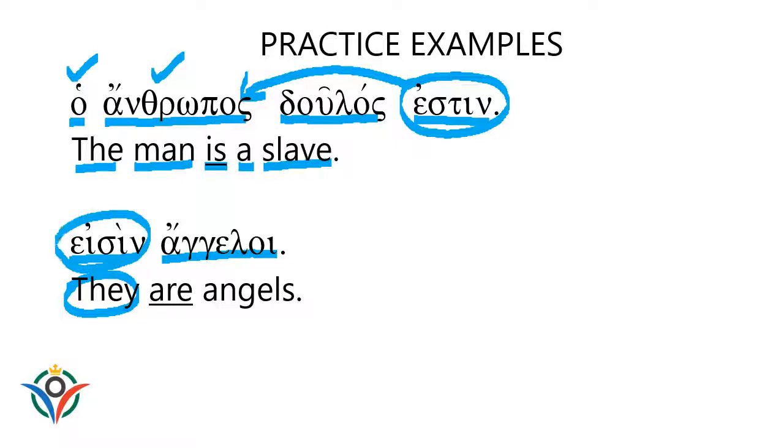And because we know that this is a third person plural, and third person plural is they, they becomes the subject. So it's they are angels. Okay, so that is quite common in Greek. So if there is no specific subject that you can identify in the verse, then look for the subject within the verb ending.